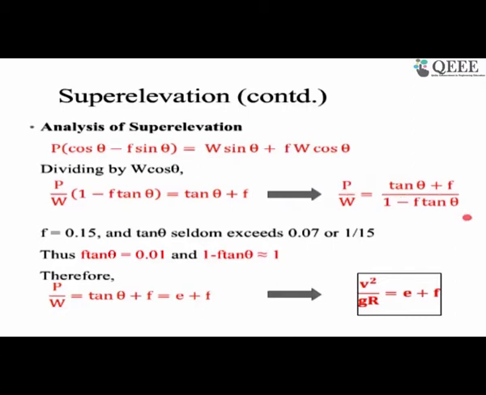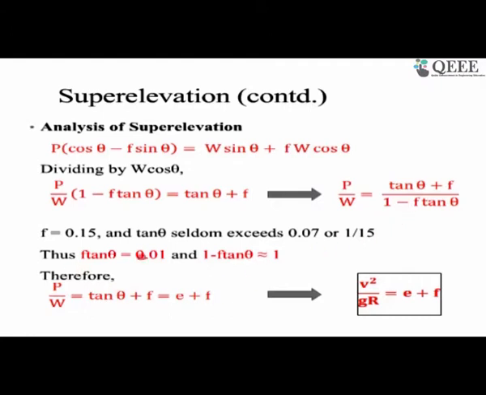Now if we recall, IRC recommends the lateral friction to be 0.15, and tan theta is very small; we generally provide up to a maximum of 7% of super elevation, which is 0.07. So if you multiply these two, F times tan theta, it is almost 0. So 1 minus F tan theta can be considered as almost equal to 1.